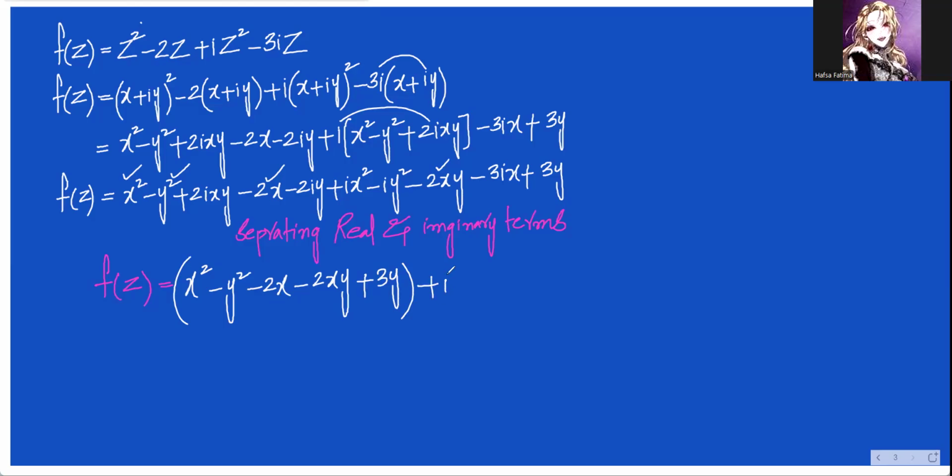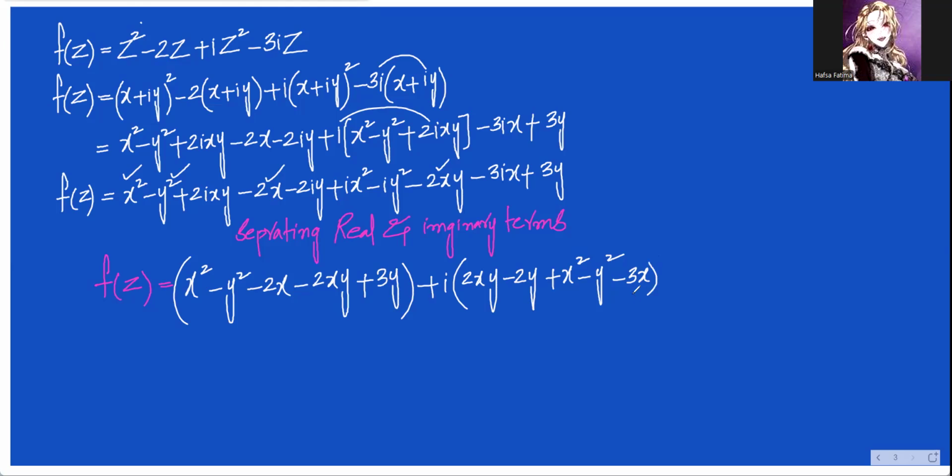Plus, take i common, and write the remaining terms: 2xy, here i common means minus 2y, and here i common means plus x square, here i common means minus y square, and minus 3x.